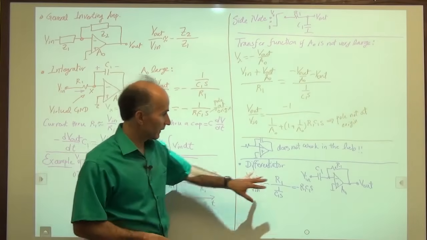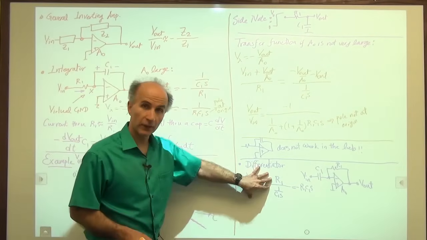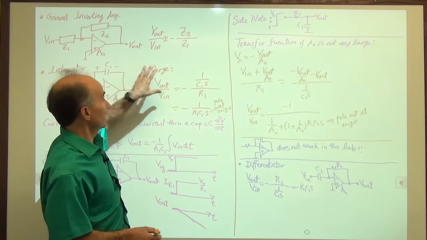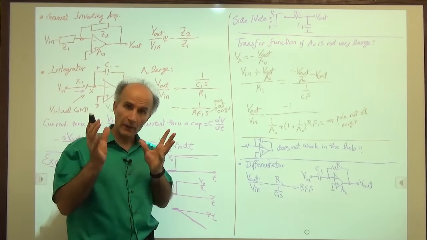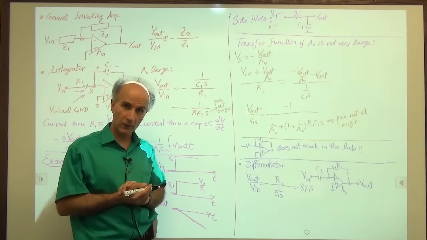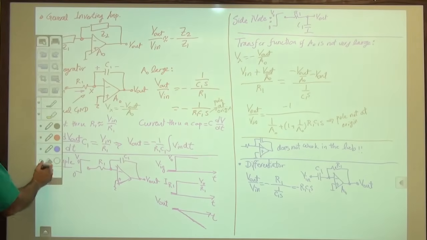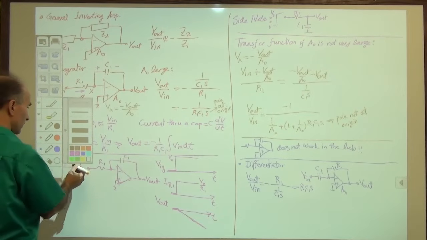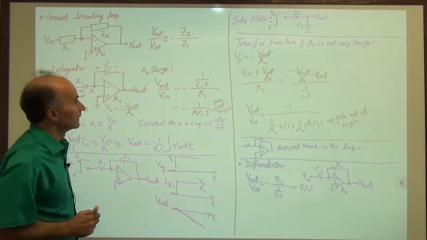Now that we have this little differentiator here and this little integrator here, I would like to draw some other interesting characteristics so that we can compare. So let me change the color again, go back to red. Okay.